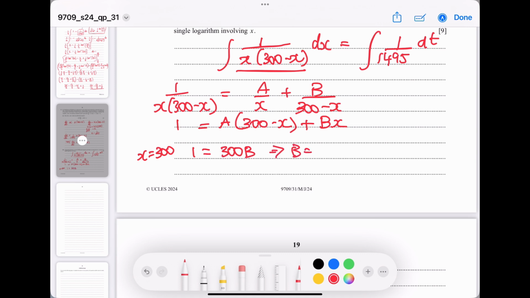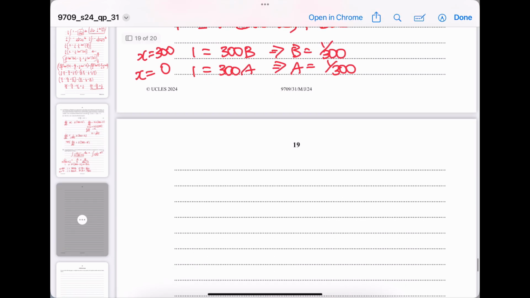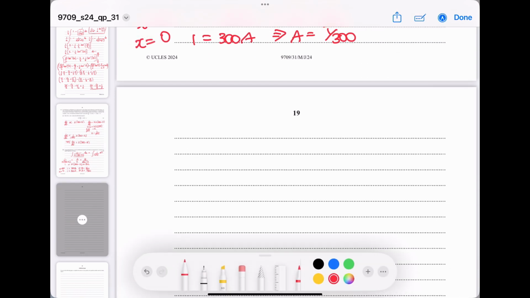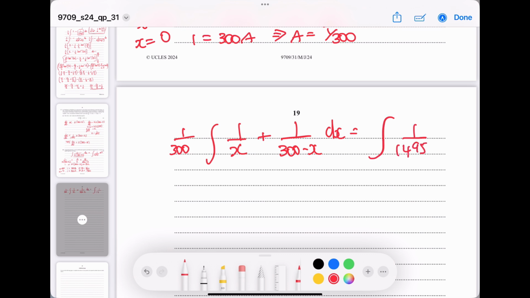So b is 1 over 300, and x equals 0, so 1 equals 300a. So a is also 1 over 300. So I've got 1 over 300 integral of 1 over x plus 1 over 300 minus x dx is equal to 1 over 1495 dt.